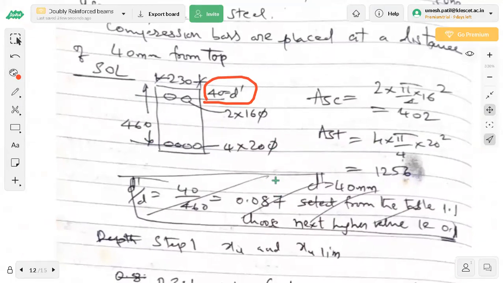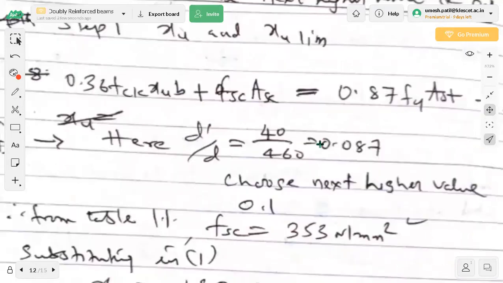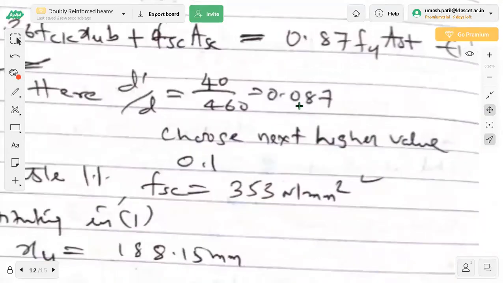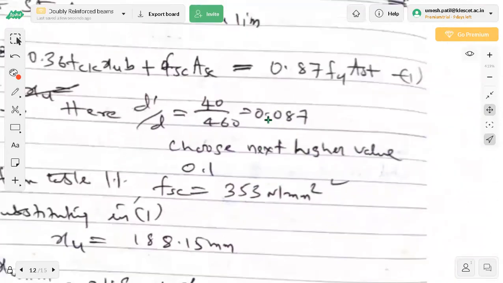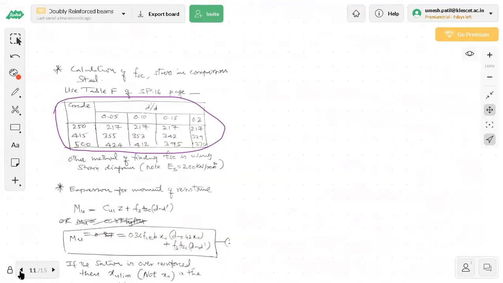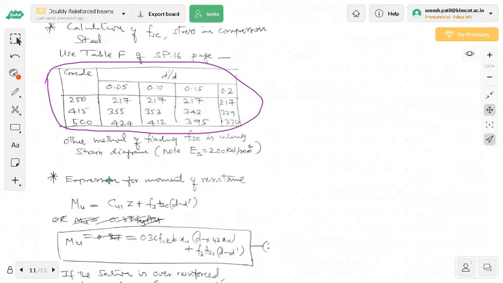40 by 460. One important observation is it is 0.087. In your table, this D dash by D is not there, so go to the next higher value, 0.1. Remember this 0.087. Now observe here.